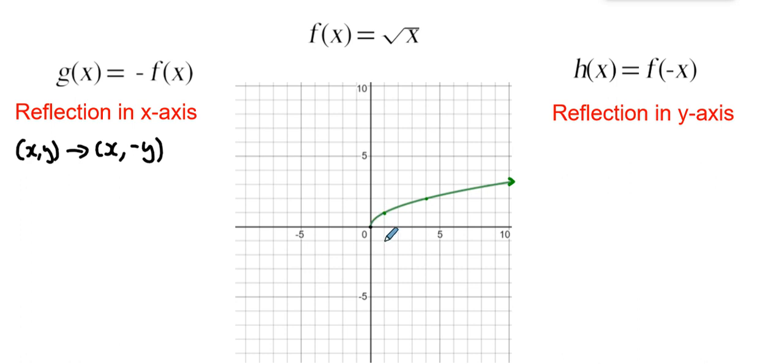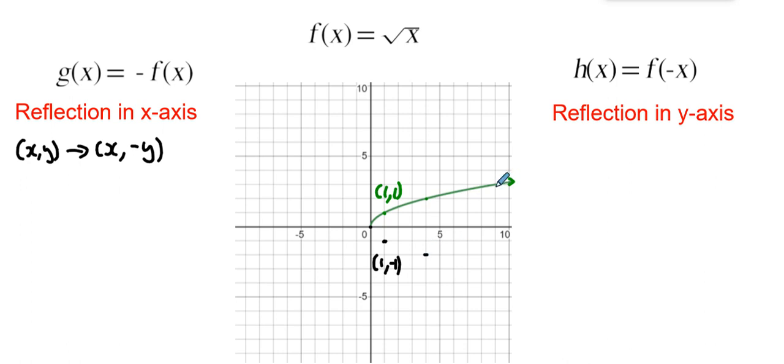And so that point won't change. This point will change to here. So instead of it having the coordinates of (1, 1), it will now have coordinates of (1, negative 1). And knowing that it will also go through (4, 2) will allow us to put it at (4, negative 2).